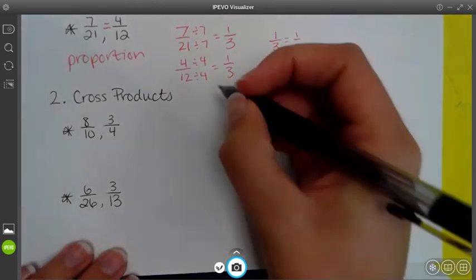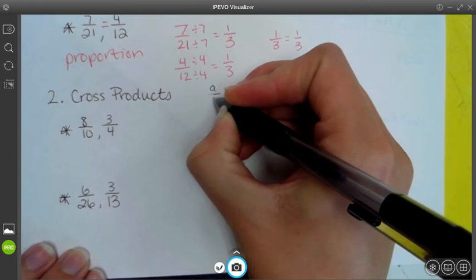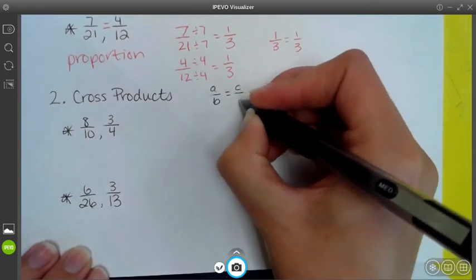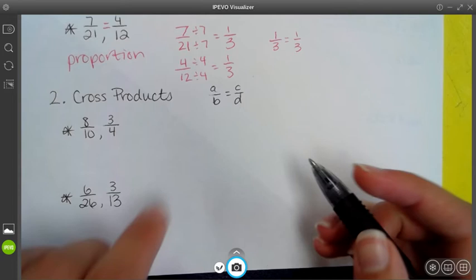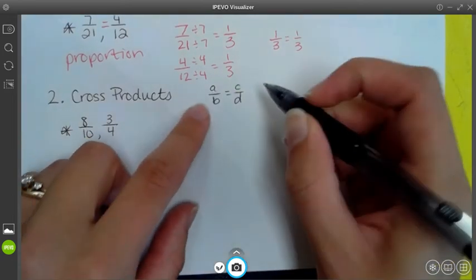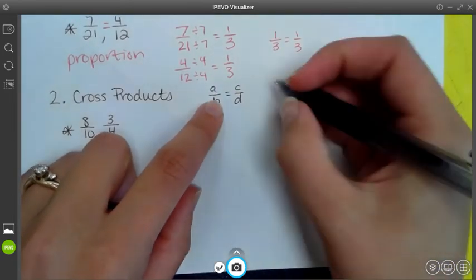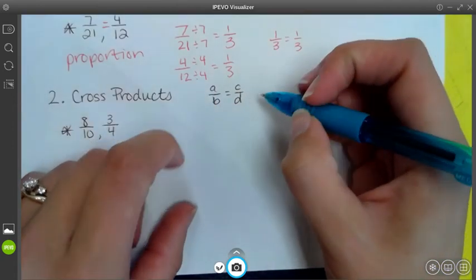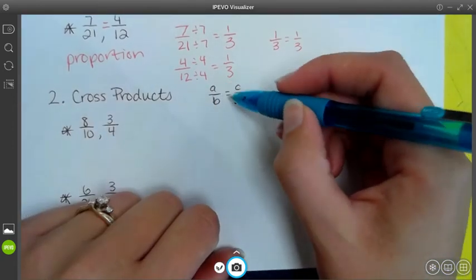So if we have two ratios, A over B, and let's say it equals C over D, this will be true if the cross products are equal. A cross product is when you multiply diagonally.